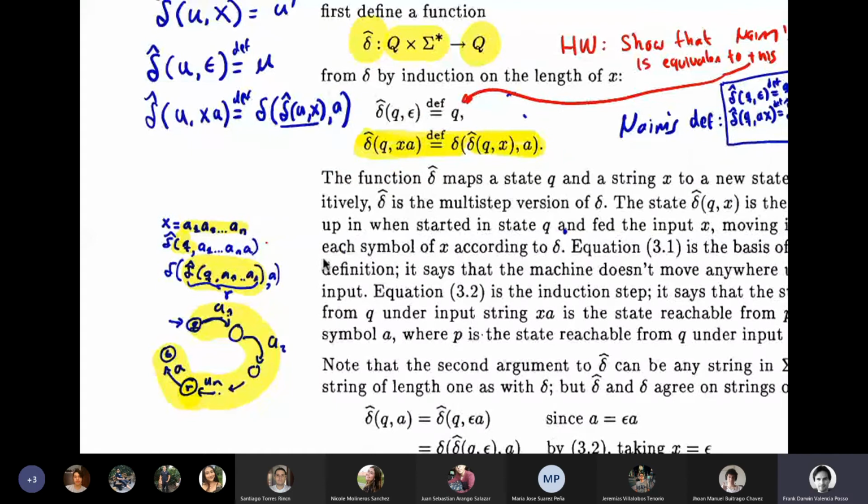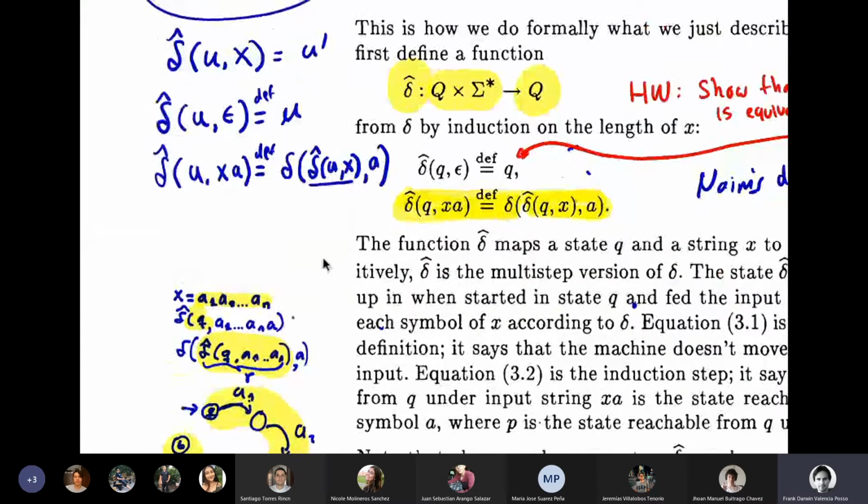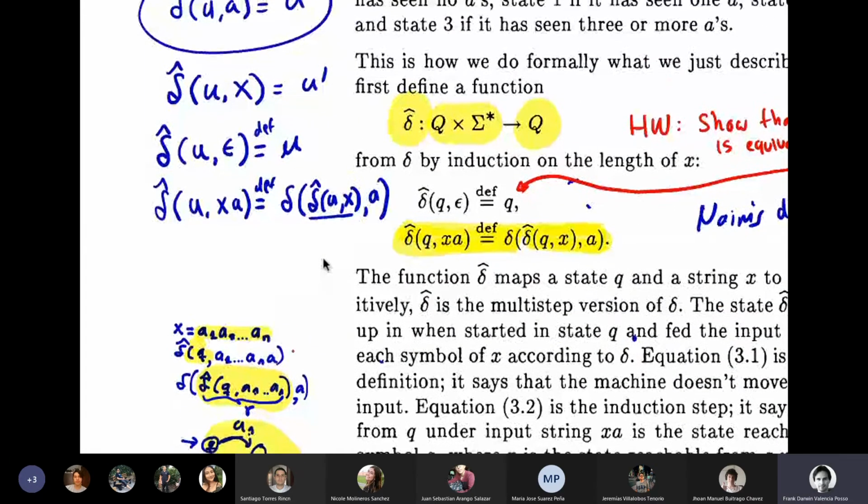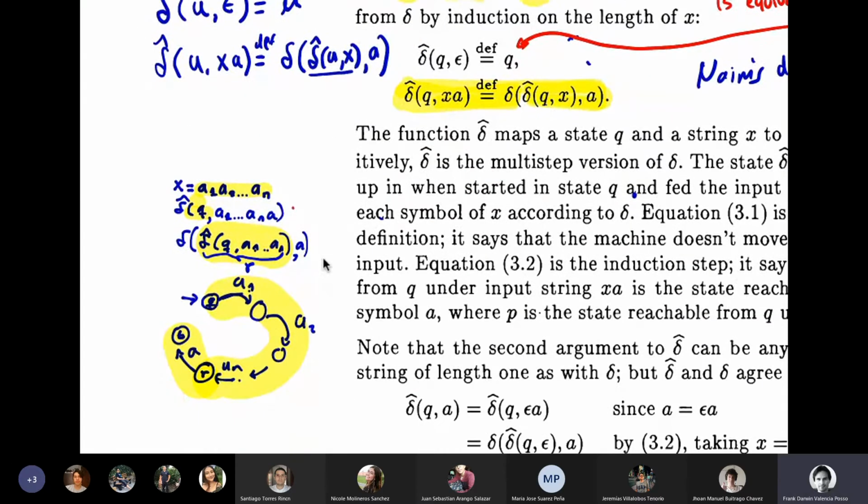Sorry, I call it delta star, but in the book they call it delta hat. So just remember that. This is the delta hat, and this is the definition that Johan came up with. And this is the example.